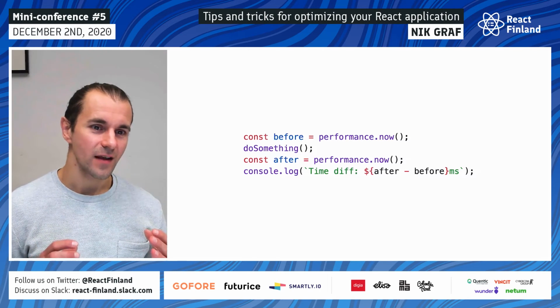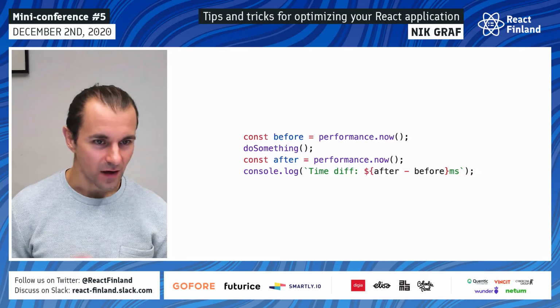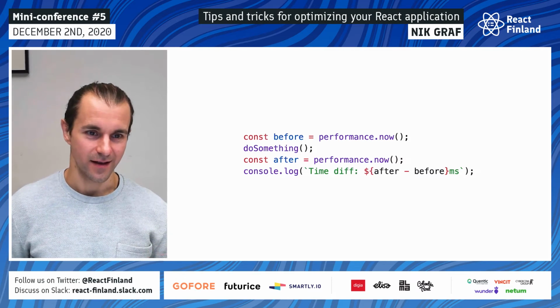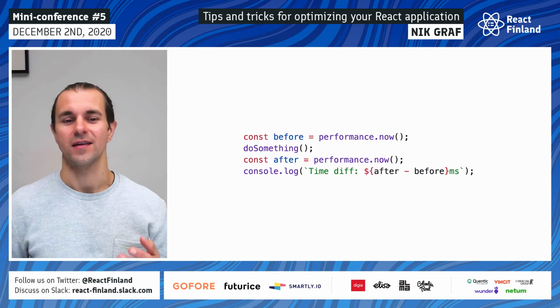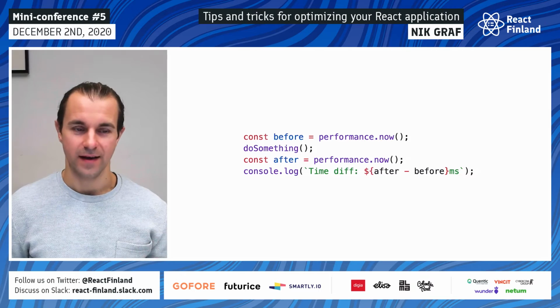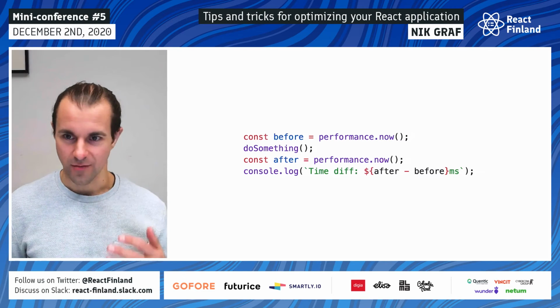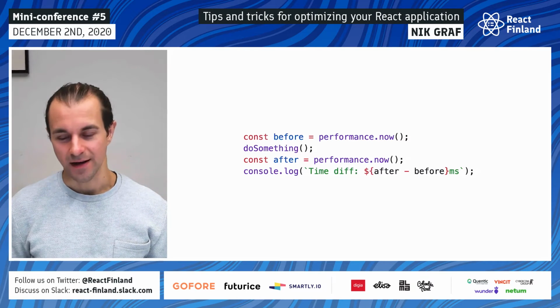So what you can do is store the time in a constant before and after, then calculate the difference, and then log it out, so it doesn't affect the actual measuring of whatever you're measuring. So this is really neat.